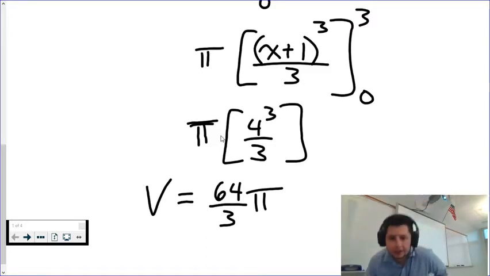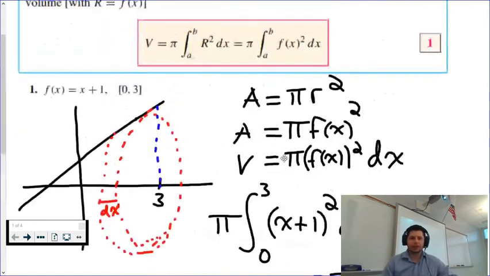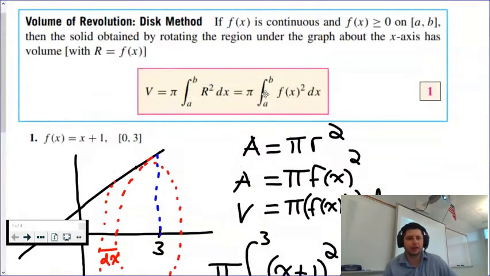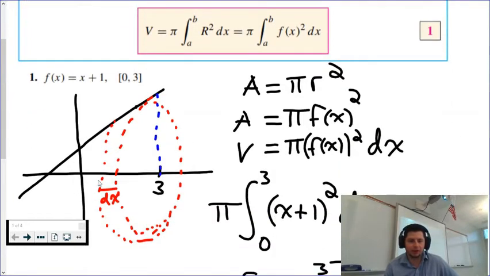So that's an example of the washer method, or not the washer method, the disk method, because we took that infinitely small, really it's a cylinder, we call it a disk, but that's where that formula comes from.